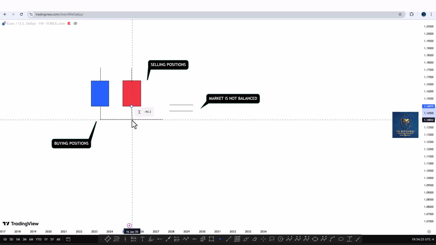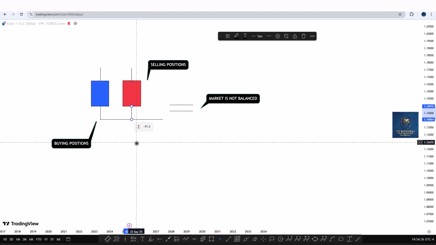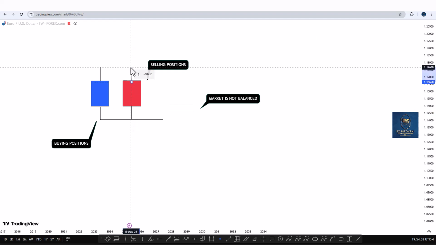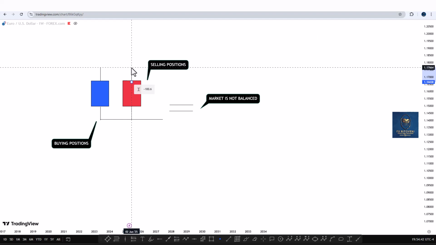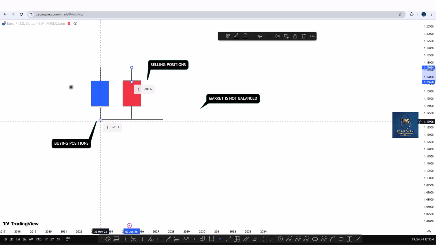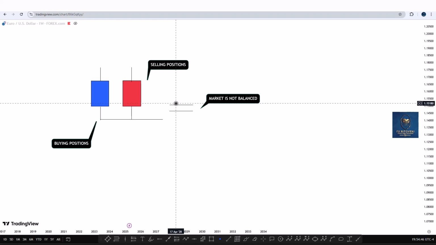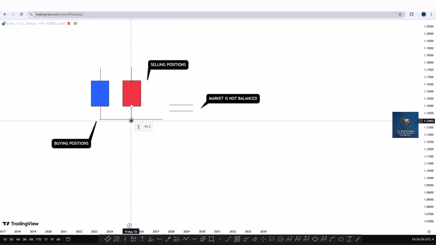Even the wicks create an equal market, an equal price. You're supposed to see all of these candles at the same level like this. If we see this, we say the market is balanced.